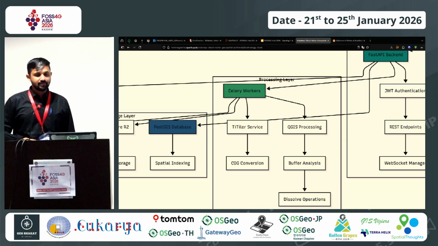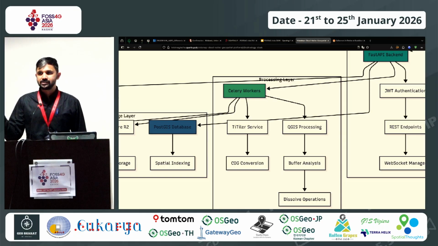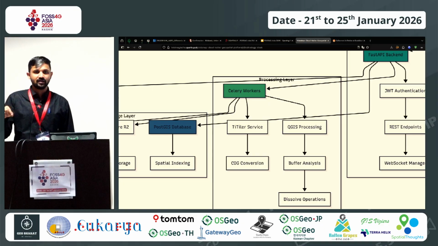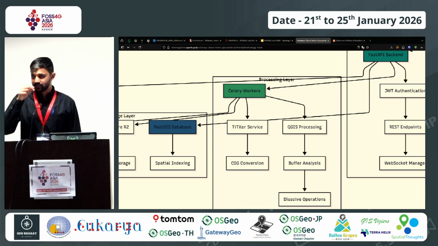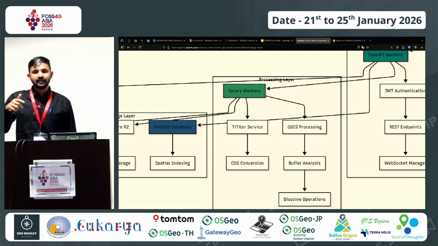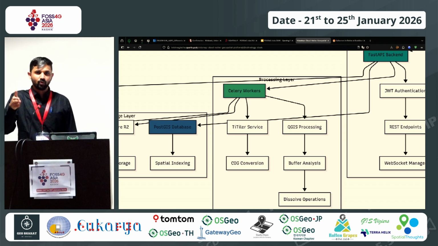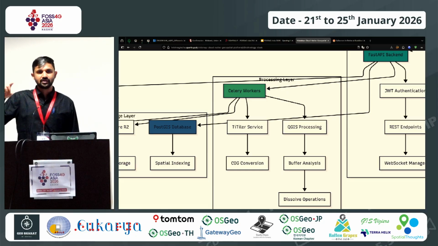Similarly, whenever you run any kind of functions, we have made sure that the architecture is set up in such a way that every single function is also going to be a process in itself. Which means that if you download VistaMap and want to create your own function, you can just copy the base file and create your own function, and it's going to fit into that entire infrastructure very well.